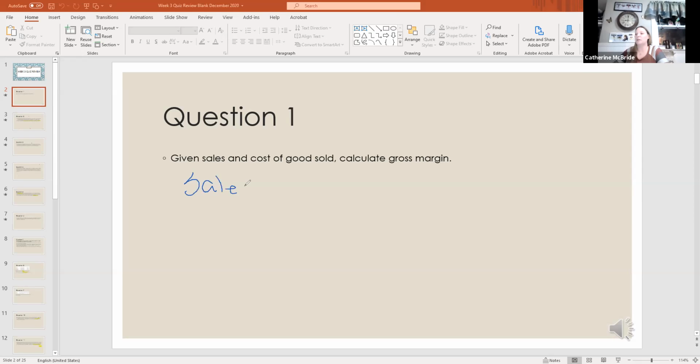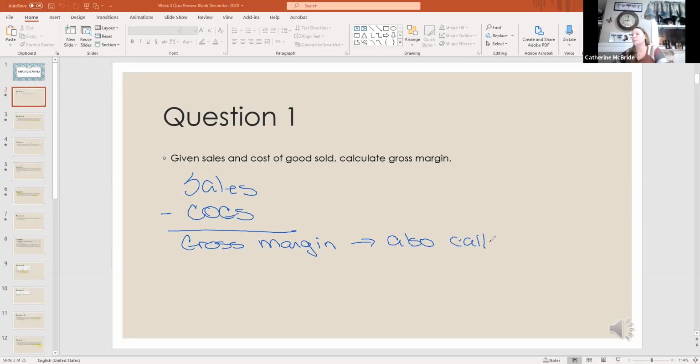You take sales minus cost of goods sold, and that gives you your gross margin, or sometimes you'll hear it called gross profit. All right, good there?